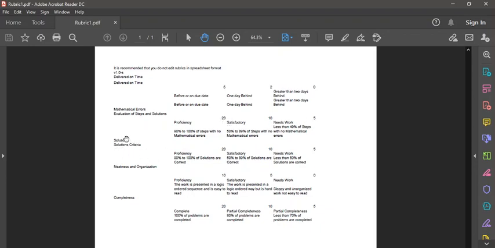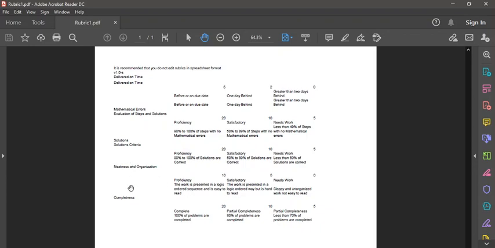In the solutions, if your final solution is correct, 90 to 100% of your problems, then you can get 20 points. If you are between 50 and 89% of the solutions correct, you can get 10 out of 20 points. And if less than 50% of solutions are correct, you can get only 5 points out of 20.